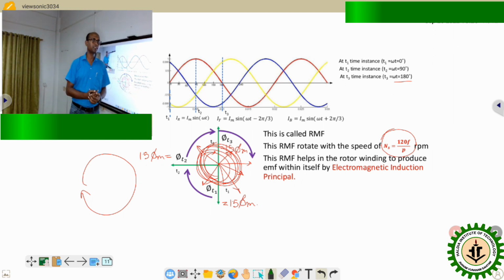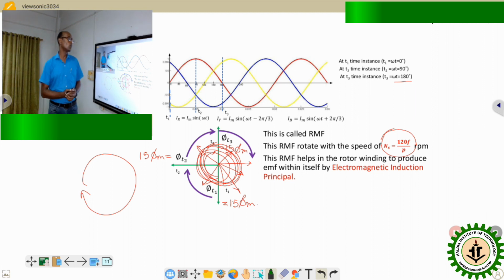That is known as the rotating magnetic field.